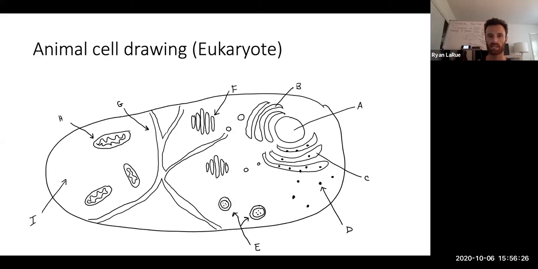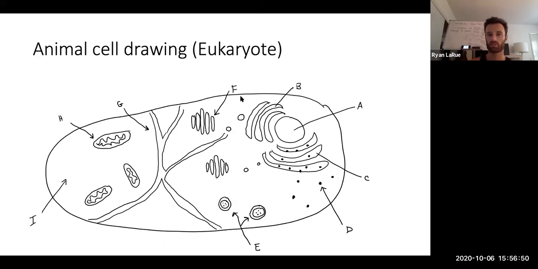How about C? ER. What kind of ER is C? The rough ER. Absolutely. Making B the smooth ER.